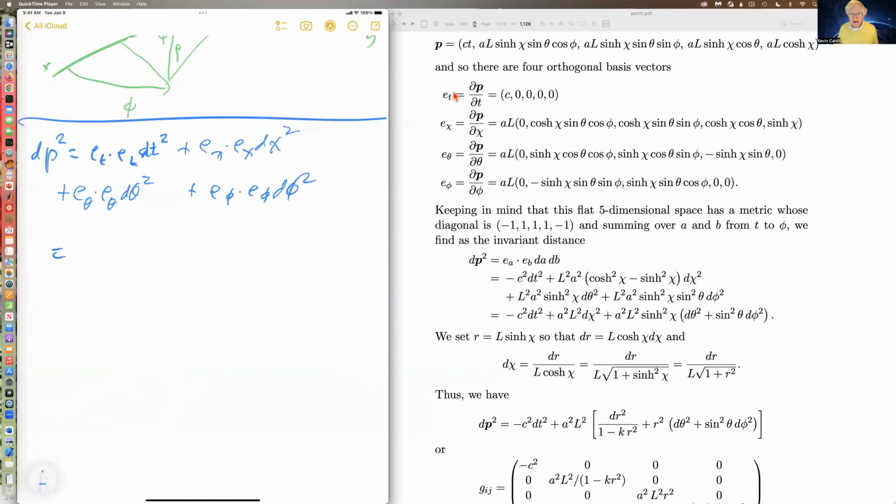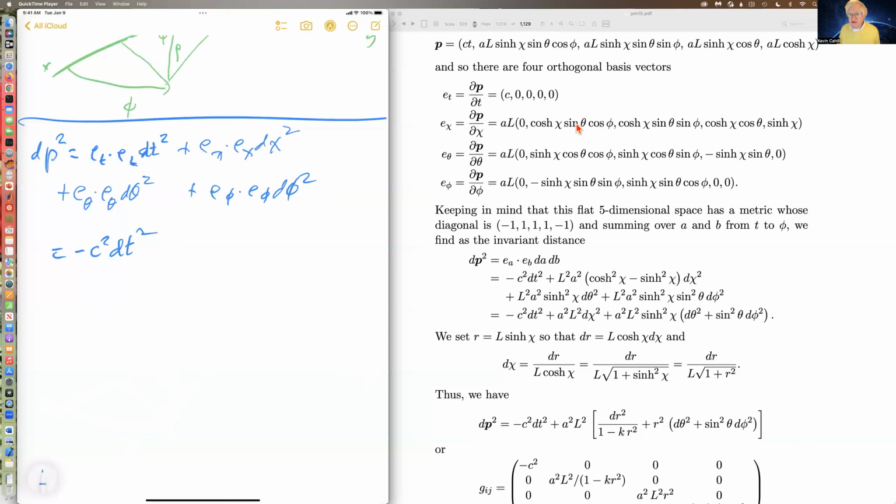Now et dot et, well, there's a minus sign here, so this is minus c squared dt squared. The next one is this dotted into itself. Let me try to do this in my head. Let's do the phi part first: cosine squared phi plus sine squared phi, so we basically just add these squares.